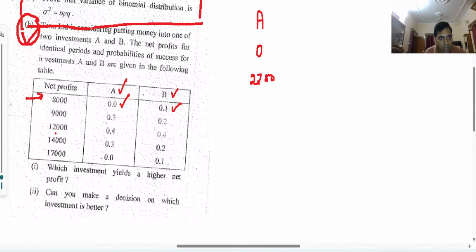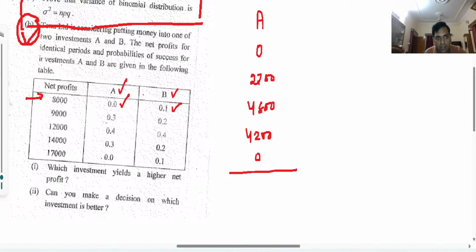Third is 12,000 multiplied by 0.4, which is 4,800. Next is 14,000 multiplied by 0.3, which is 4,200. And last is 17,000 multiplied by 0. The total of the probabilities is 1, so this last quantity is also 0.